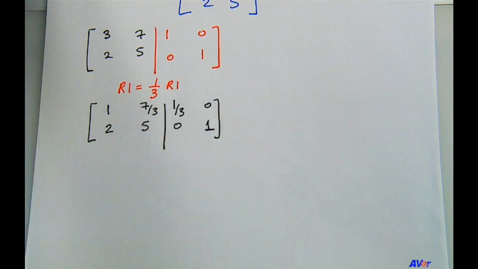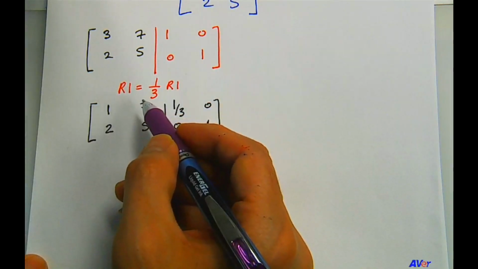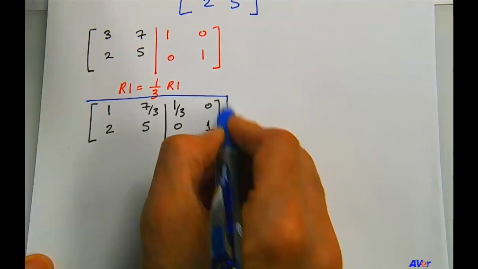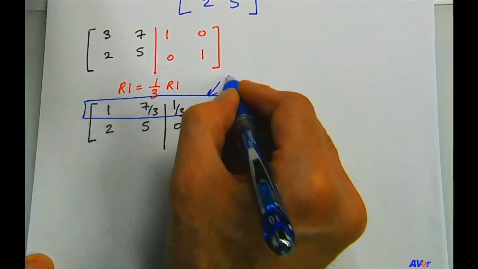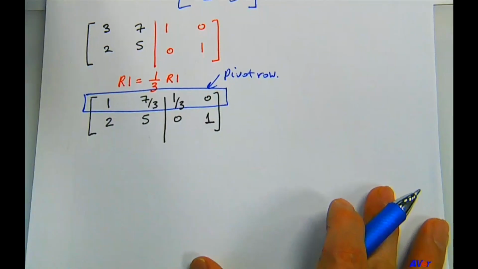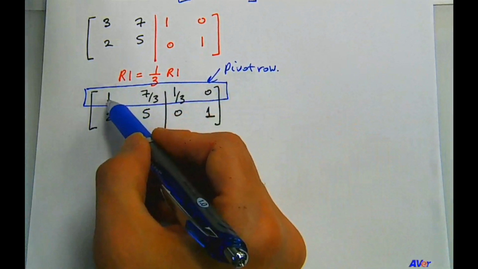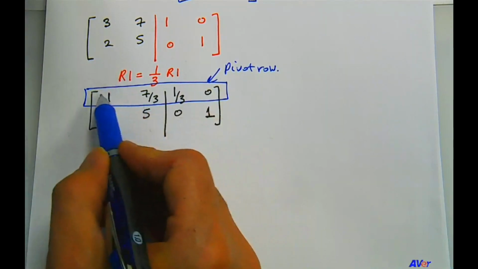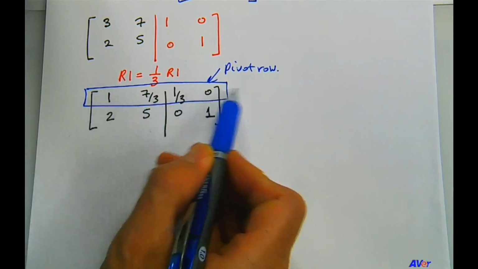At this point, from the previous discussion of the Gauss-Jordan method, you know that the pivot row is the first row. It is the pivot row because we just got the diagonal 1 for that column, and it is in the first row.